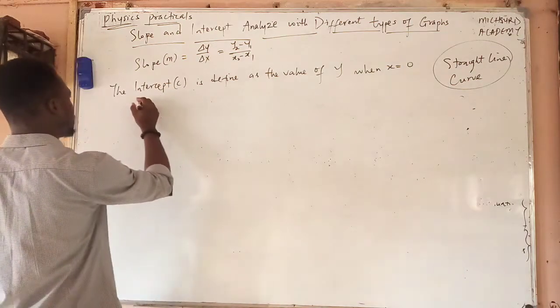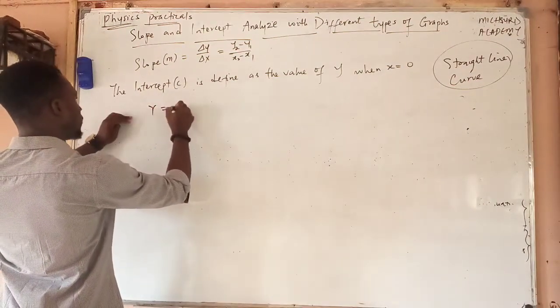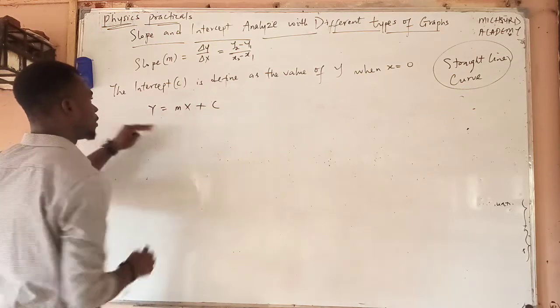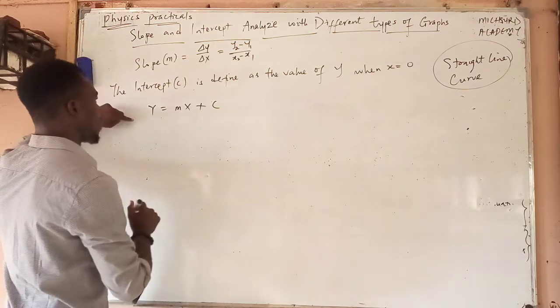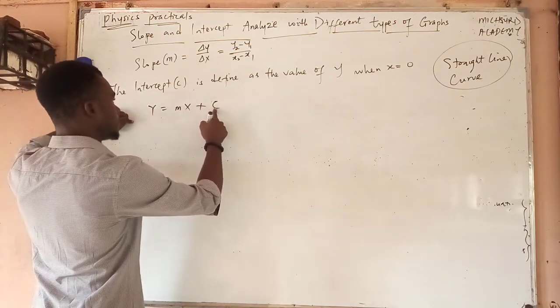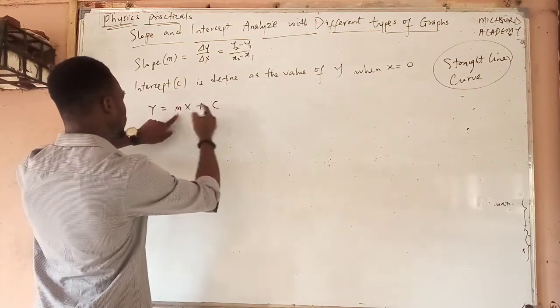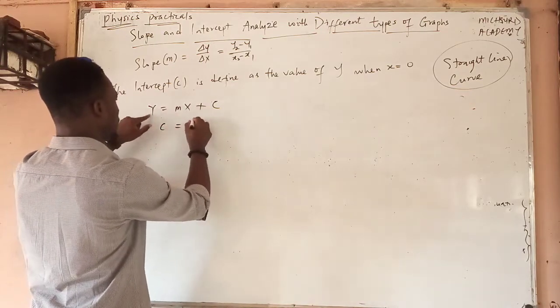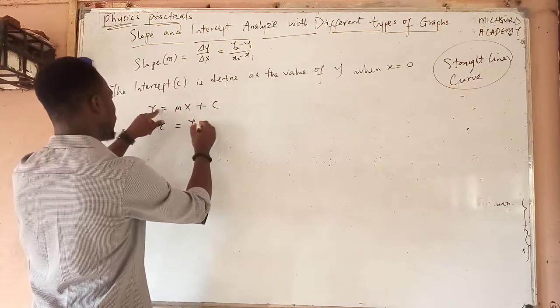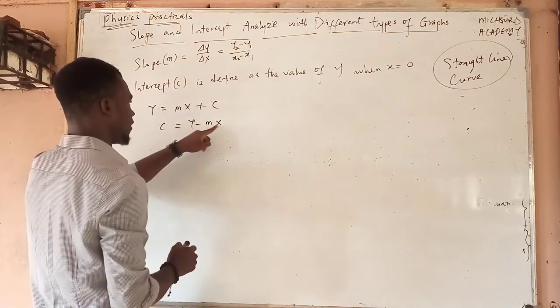Okay, so at this point, we have that y is equal to mx plus c. This is the equation of a straight line graph, and we have seen that c is the intercept and m is the slope. So if I make c the subject of the formula, I will have y, then mx moves over to this side and becomes negative mx.